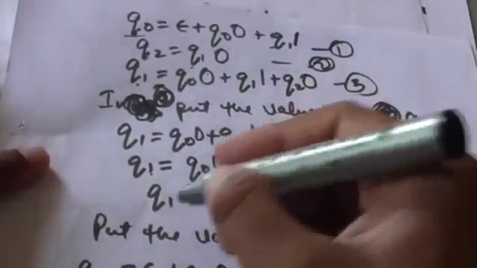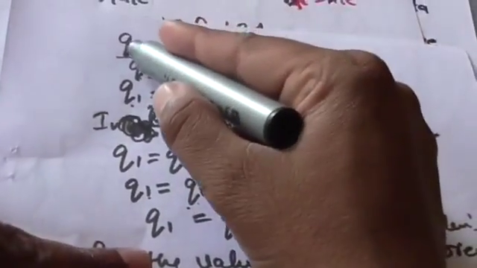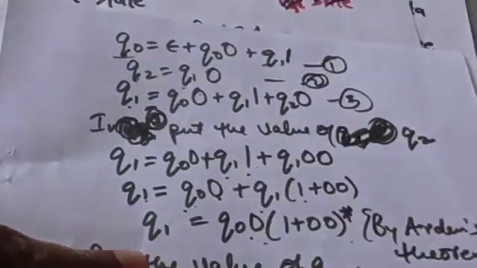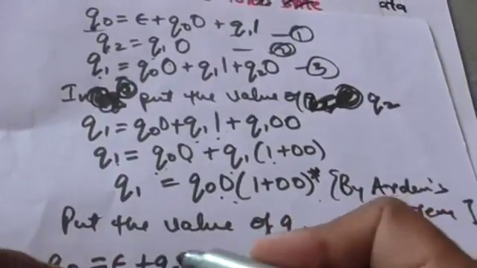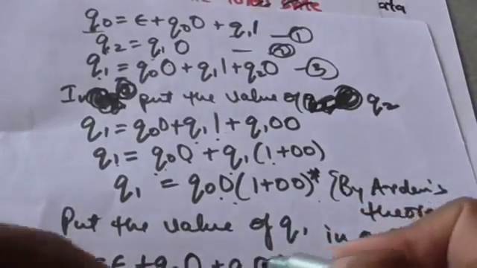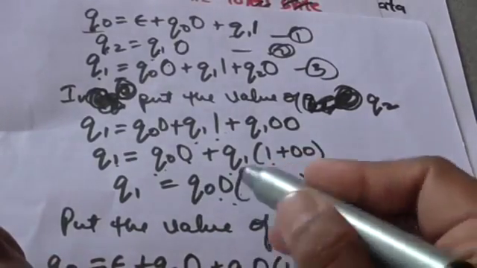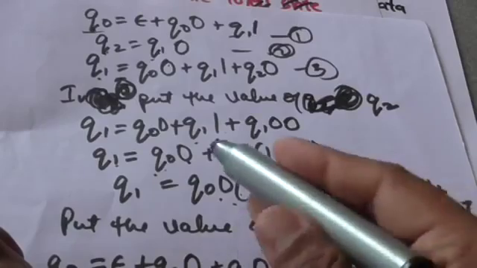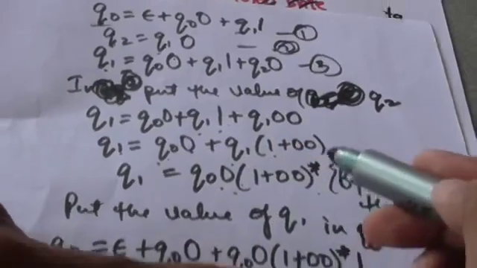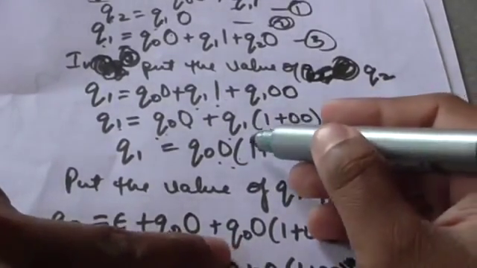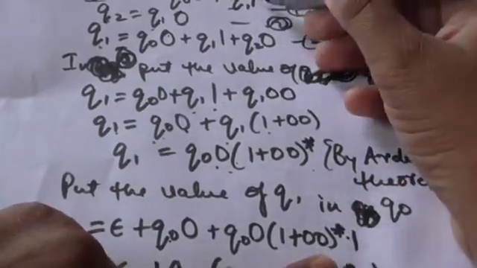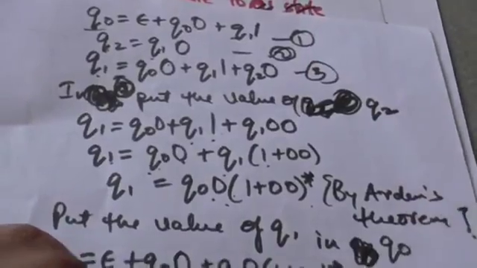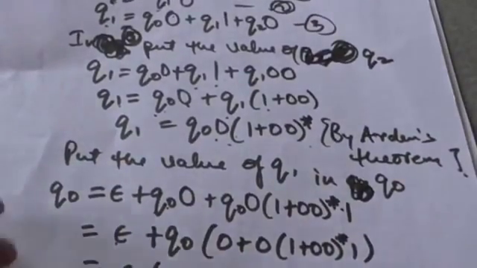So when we put this value of Q1 in this regular expression, what will we get? We will get Q0 equals empty plus Q0 0 plus Q0 0 (1 plus 00) clean 1, right?